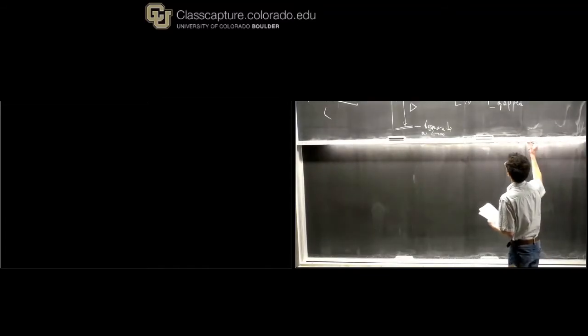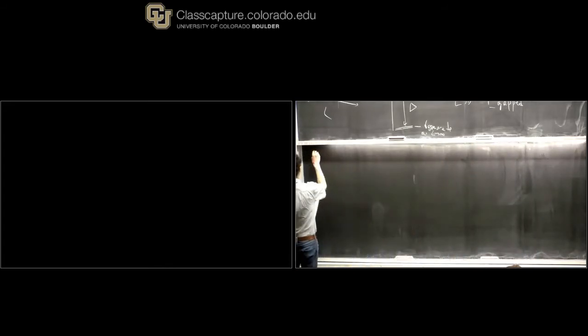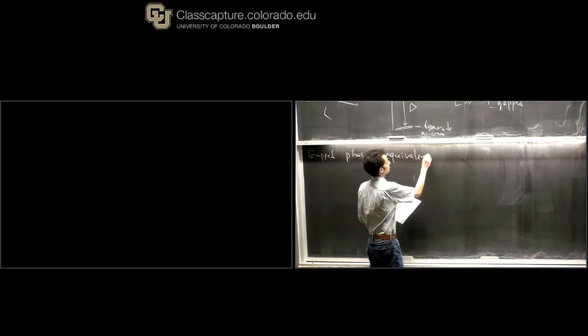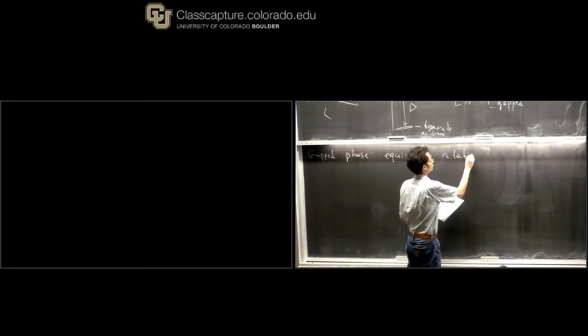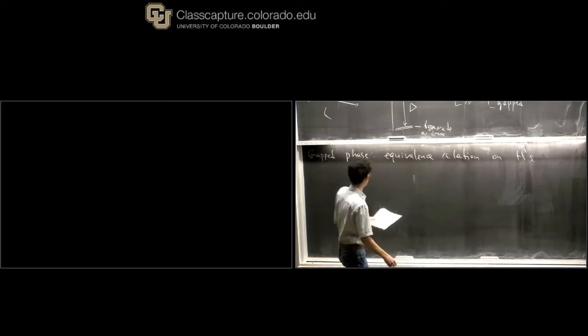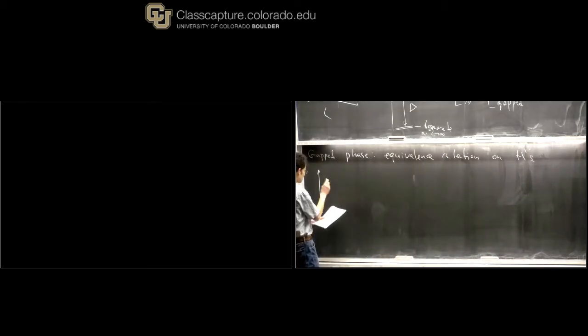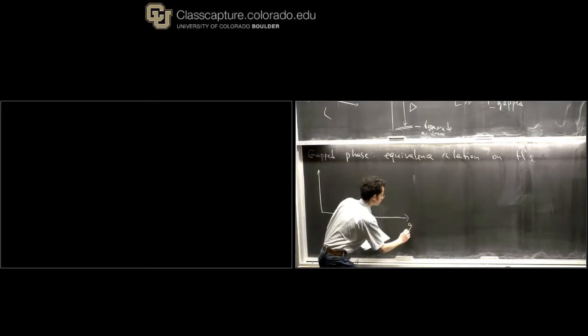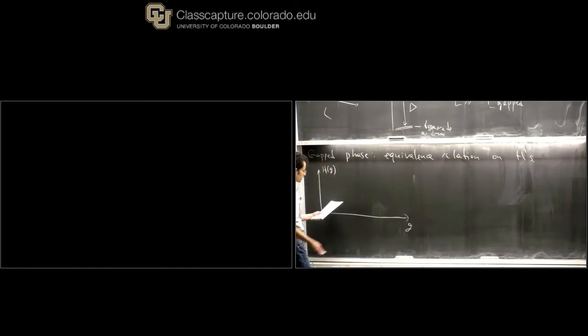A gapped phase is an equivalence relation on Hamiltonians, such that two gapped Hamiltonians belong to the same phase if there is some path connecting them along which the gap doesn't close.